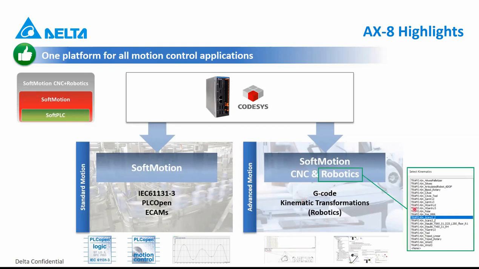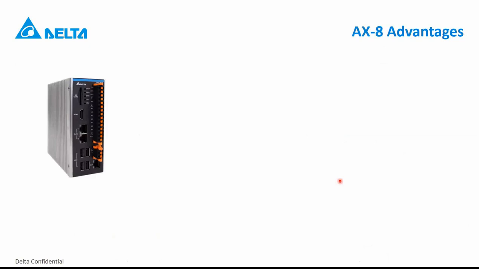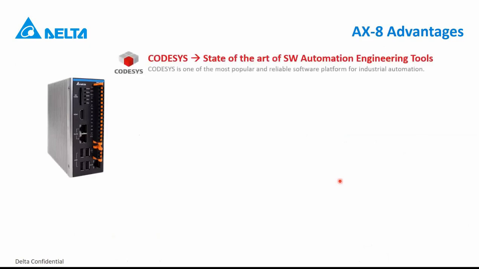Here you can see libraries for robotics applications, for instance. What are the advantages? Yes, for the software automation engineering tools, we use CODESYS. CODESYS is one of the biggest platforms, we can say, used in industrial applications. There are many users, so it is quite easy, quite simple to debug.